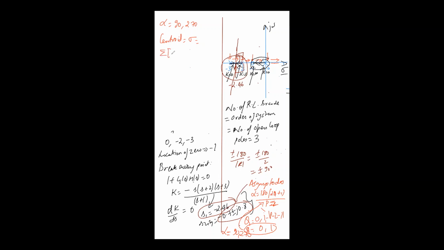That is the summation of real parts of poles minus the summation of real parts of zeros upon p minus z. This is the formula. So the poles are at -2 and -3, and the zero is present at -1. Minus of -1 upon p minus z, that is 2. That will be equal to -5 plus 1 upon 2. So my centroid will be at -2.